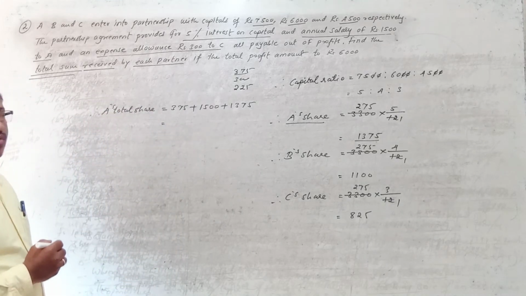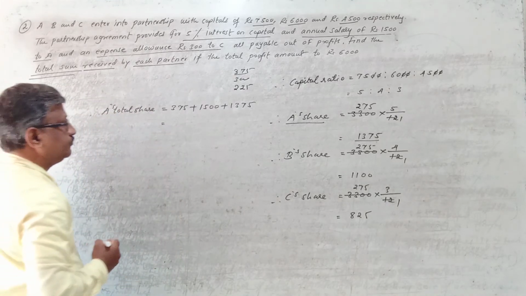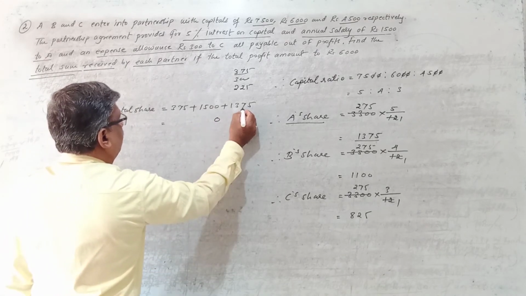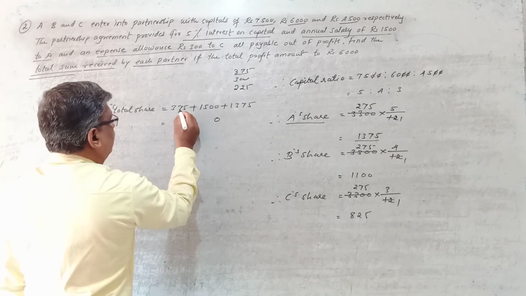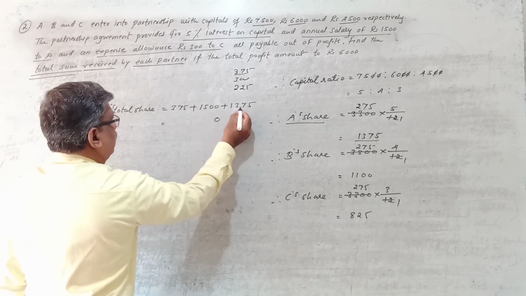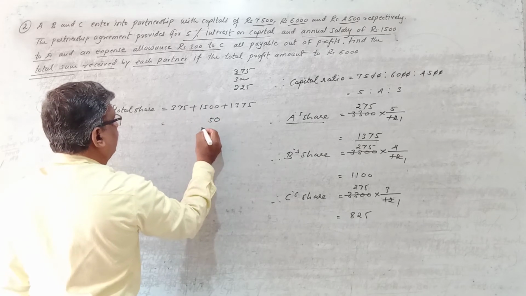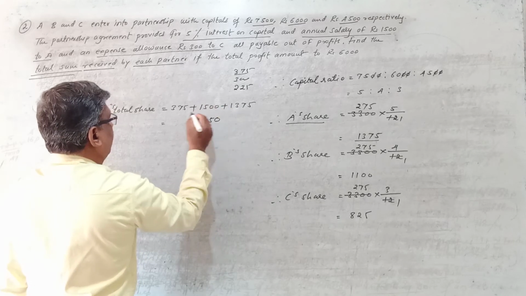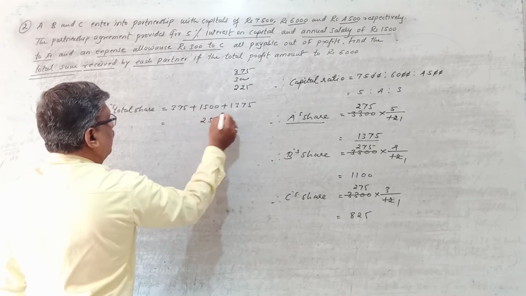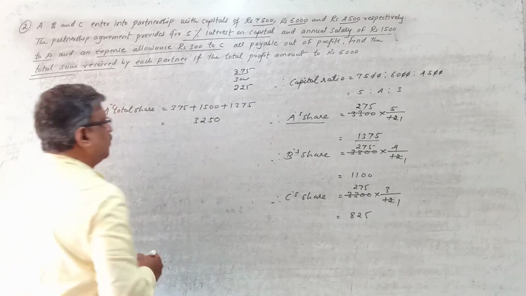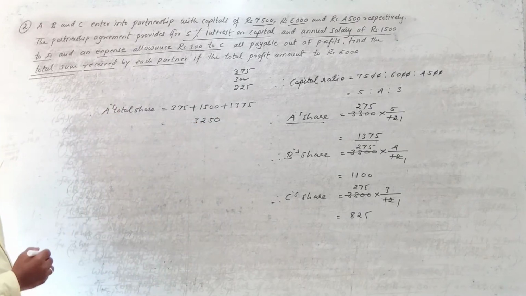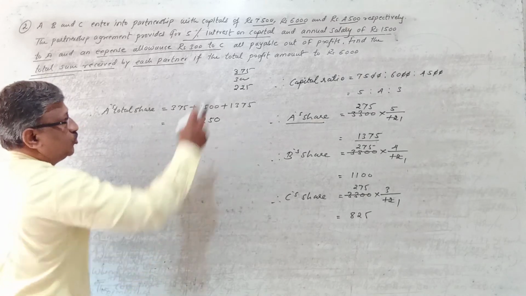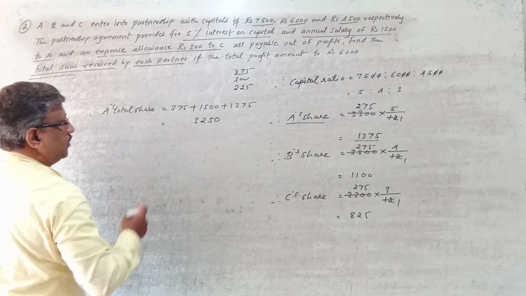So make the total of these three. It comes to 3,250 rupees he is getting as his total share out of this total profit of rupees 6,000.